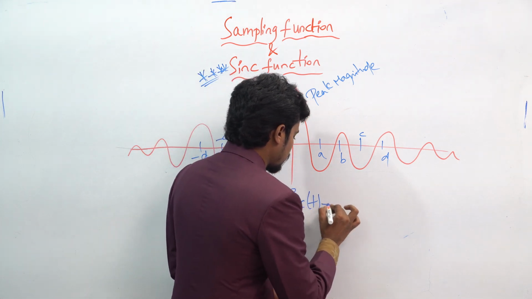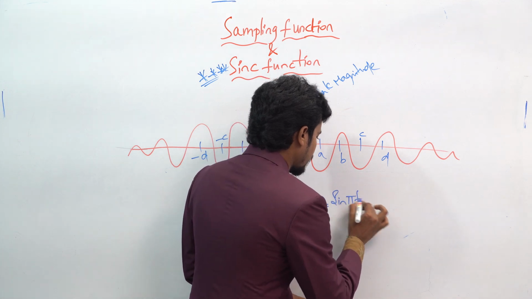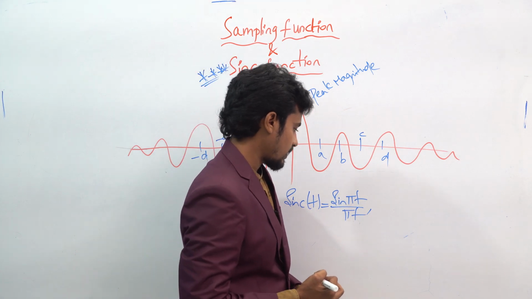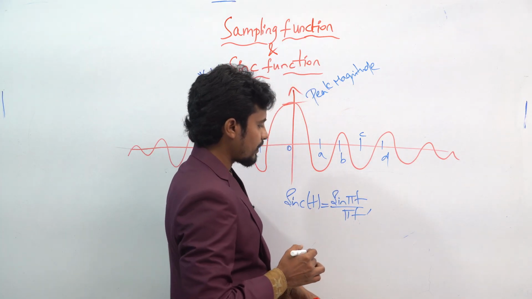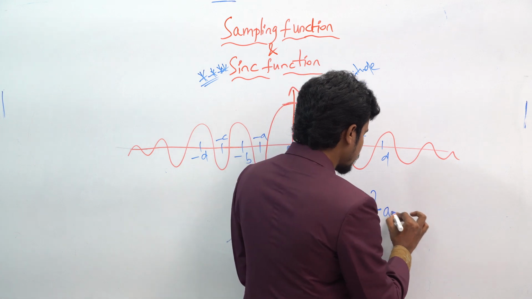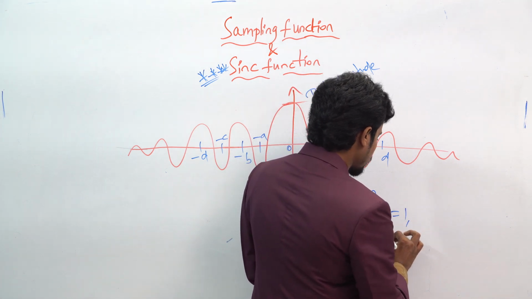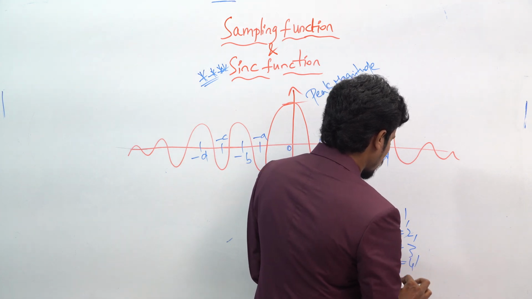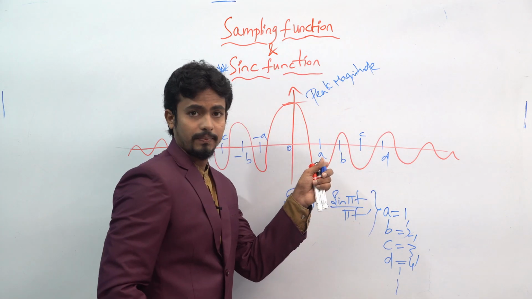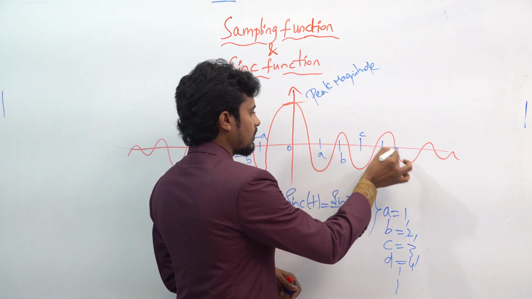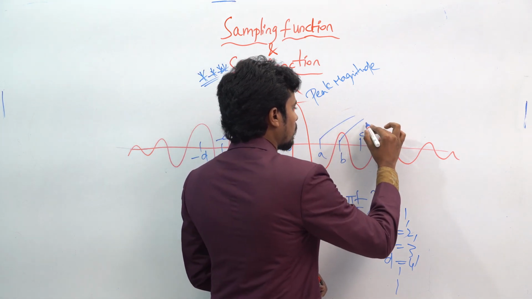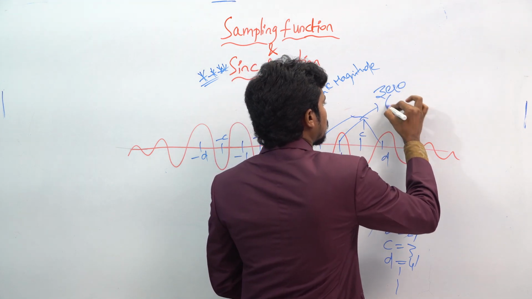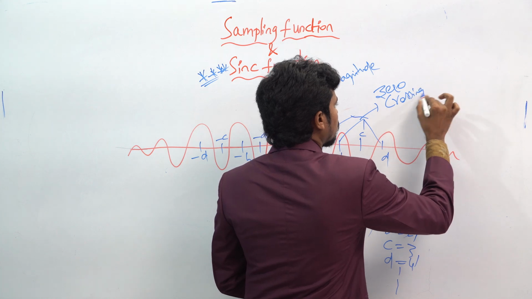Sinc of t is equal to sin pi t divided by pi t. For this case, you just have to take the values A equal to 1, B equal to 2, C equal to 3 and D equal to 4 and so on. Substitute them here. And these A, B, C and D are said to be the zero crossing points.